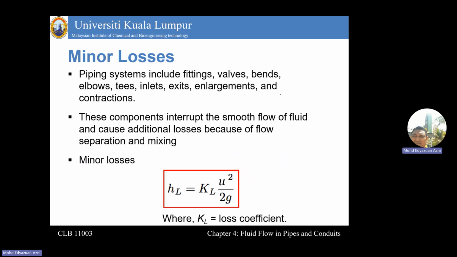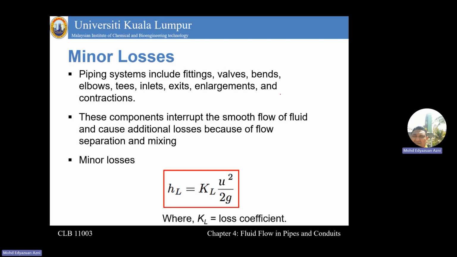Minor losses come from the piping system, including fittings, valves, bends, elbows, tees, inlet, exit, enlargement, and contraction. All of these create minor losses, which are smaller head pressure losses.